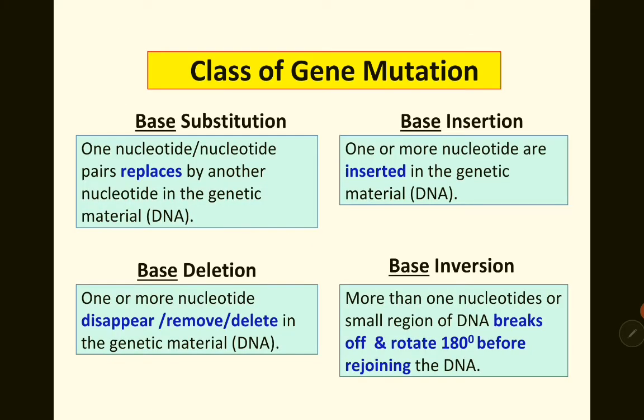We have 4 classes of gene mutation: base substitution, base insertion, base deletion, and base inversion. We underline the word base because this refers to the nitrogenous base that occurs in the DNA.